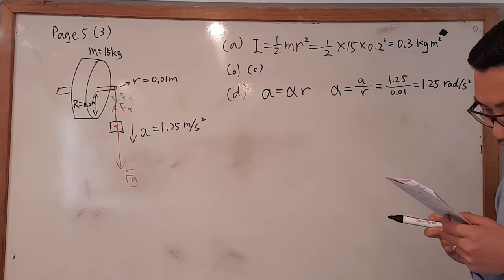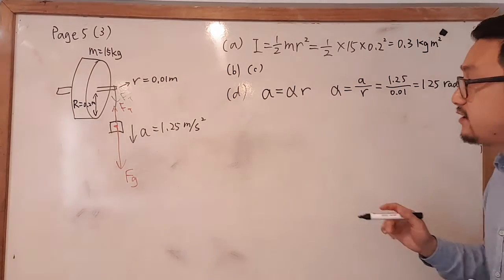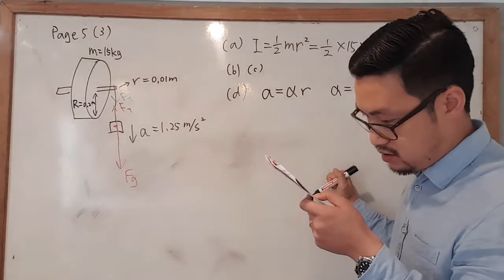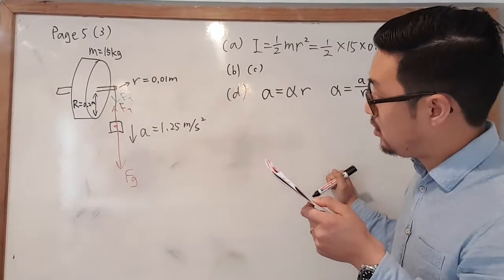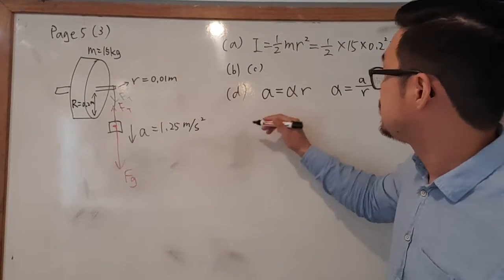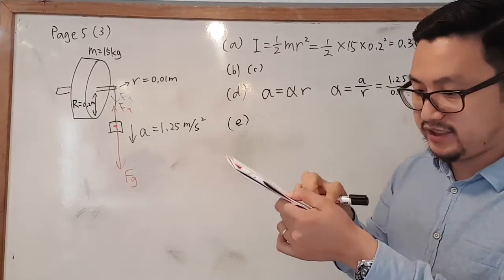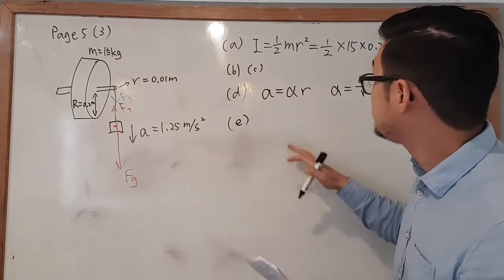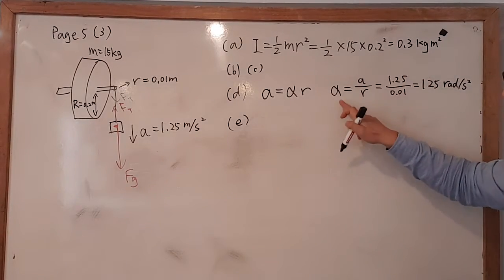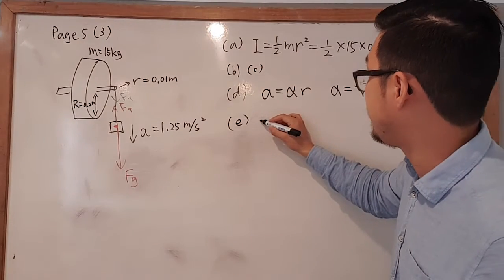Okay, sweet. Then the next part: calculate the torque acting on the axle. This question is the opposite of question 5, because they've given us the inertia. If we know the inertia and the angular acceleration, we can find the torque.